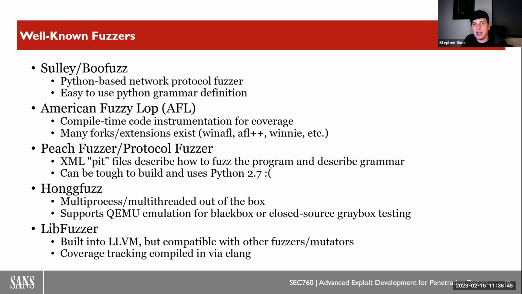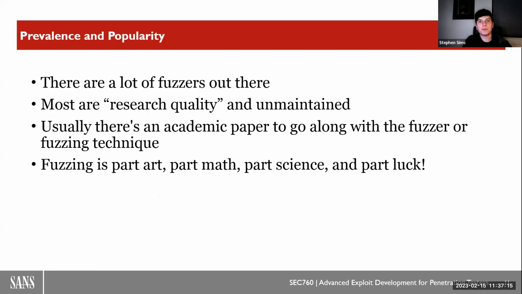I think he works at Snapchat now, but AFL is known as one of the best fuzzers in the world. It is unfair how amazing of a job it does. Peach Fuzzer has been around for a long time, but it's done great things over the years. Honggfuzz, libFuzzer, there are countless fuzzers out there. And many are just proprietary fuzzers written by just a random developer or tester.